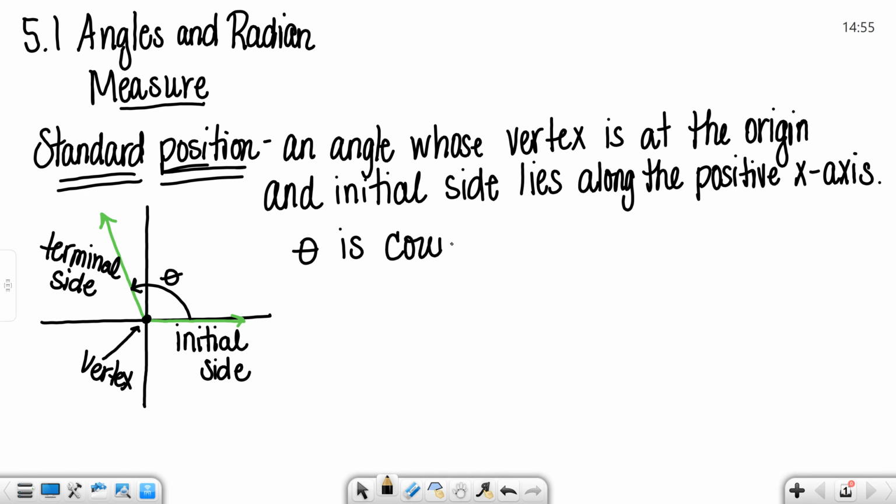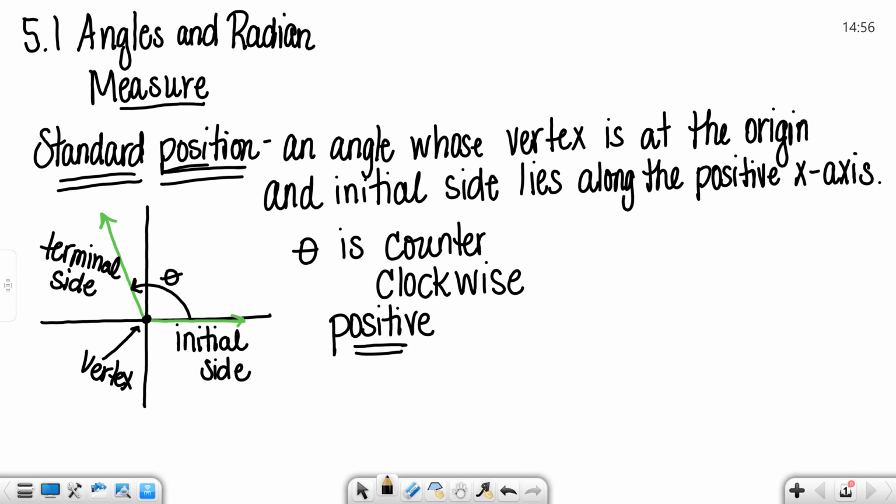It goes the opposite way of a clock. And if it goes counterclockwise, that means it is a positive angle. So theta would be some positive number there.